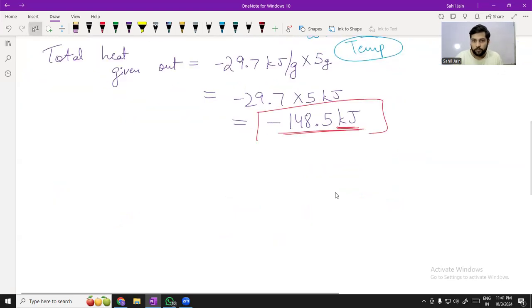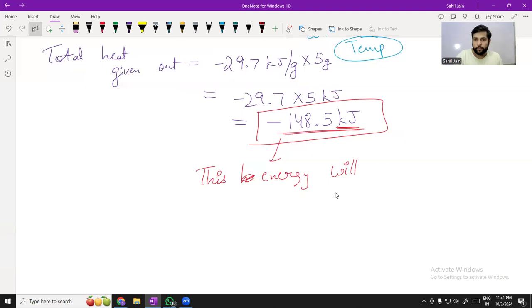Now, this energy will be used up for heating the water as well as the container.